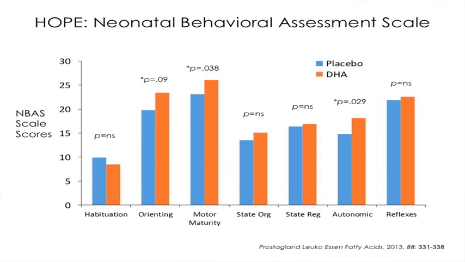They were significantly better on motor maturity, and significantly better on an autonomic scale, which is exactly what we predicted, which measures the general reactivity of the response to different environmental challenges and stresses. So this is all in line with what we expect to see.